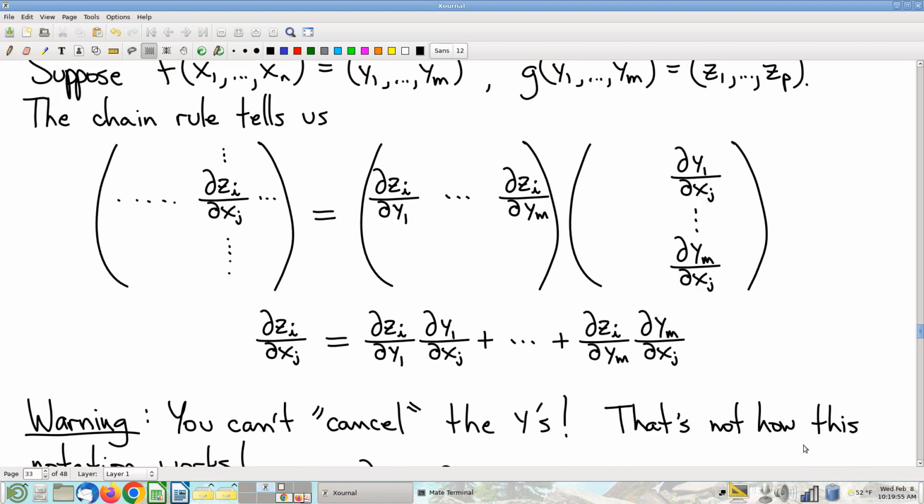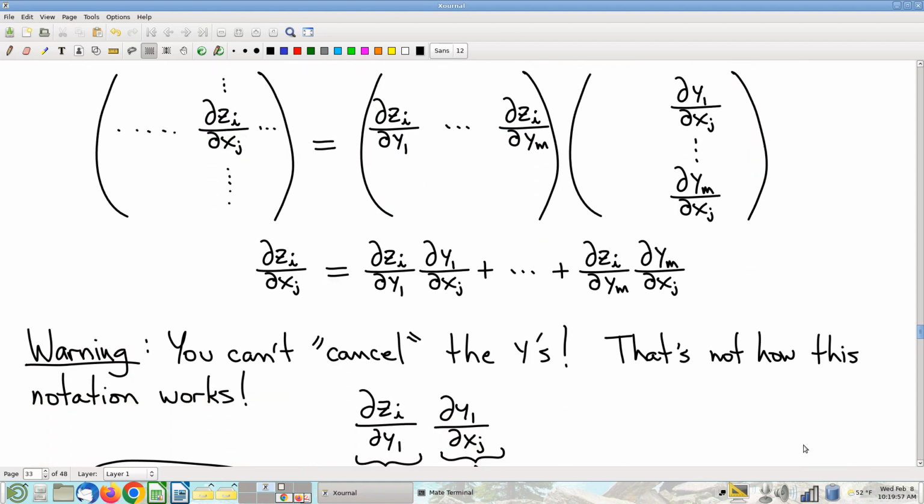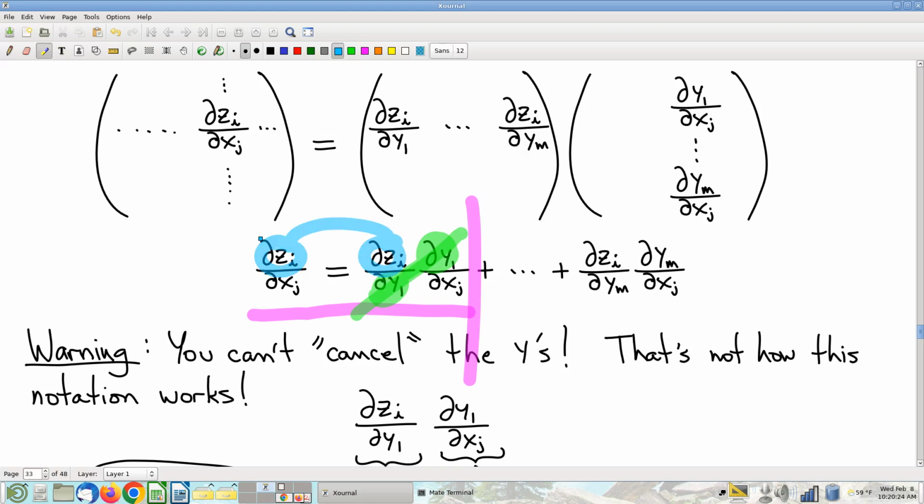Now, I do want to give you a warning with this formula. A lot of students fall into a little trap, what I'm going to call a trap here. A lot of students will look at this formula, and as they're writing it, they'll get to about here and then stop, perhaps thinking that, okay, well, this and that cancel, and that leaves me with the partial of zi, it would seem, with respect to xj.